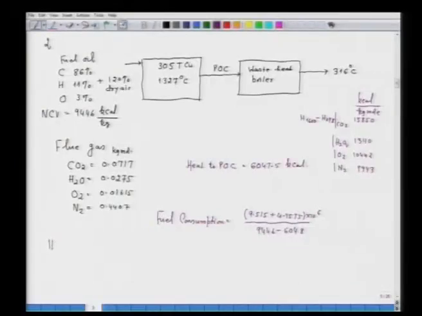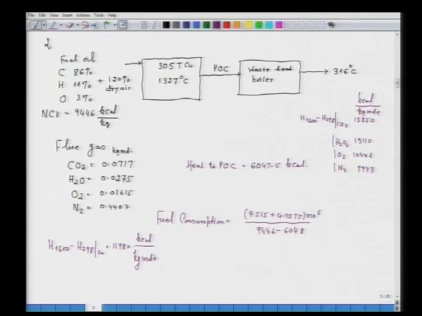So, for that it is given to us H 1600 minus H 298, copper is given to you 11,980 kilocalorie per kg mole.